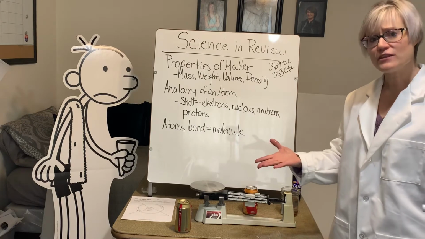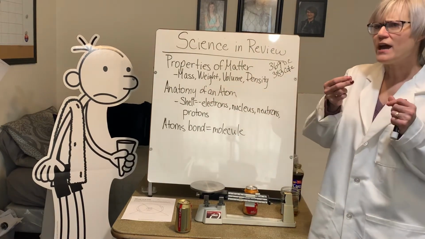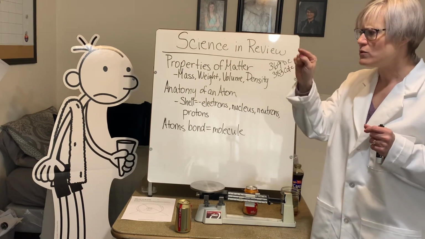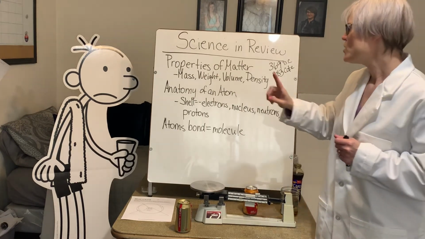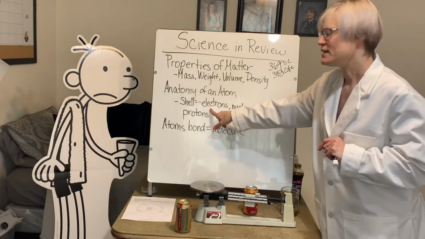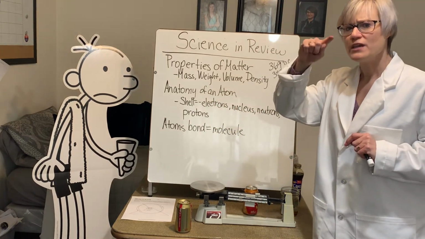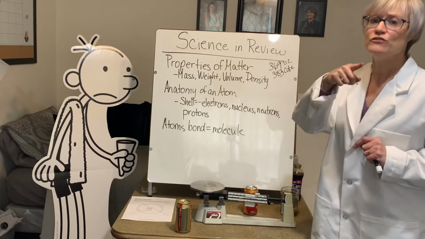Now, another thing that we learned about was the anatomy of an atom. So have you ever had an everlasting gobstopper and you bit into it and you looked in the center and there were little rings of colors? It almost looked like a rainbow inside there. Well, that's kind of like where the electrons live in the atom. So they live in those little shells, and they can move around in their shells, but they can't move to another shell.